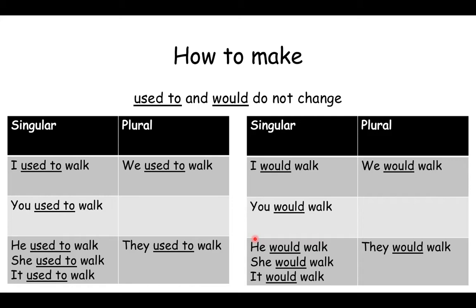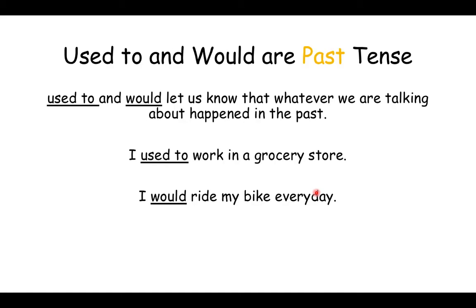We have to put an S at the end, or we have to change it from past or present tense. You don't have to do any of that with these. You don't have to worry about any of that. So it's just I used to, you used to, he used to walk, she used to walk, it used to walk, we used to walk, they used to walk. You don't have to change anything for used to. And would does not need to change either. It's just I would walk, you would walk. It's all the same no matter who you're talking about. So that's really nice that you don't have to change any of it.